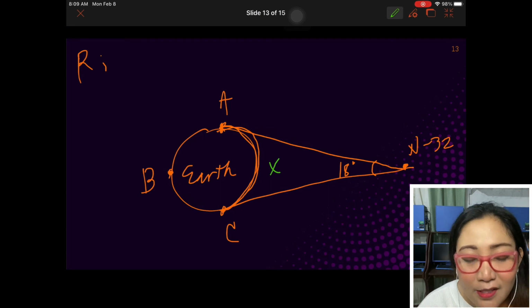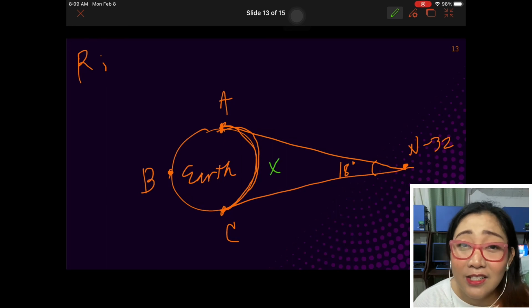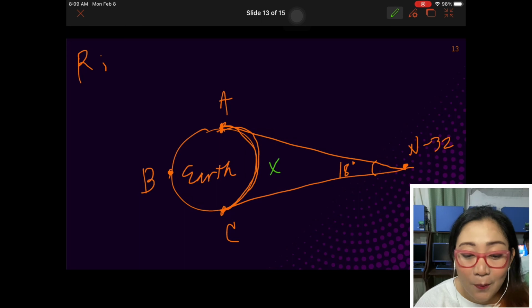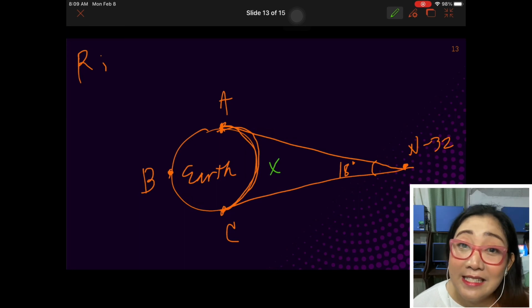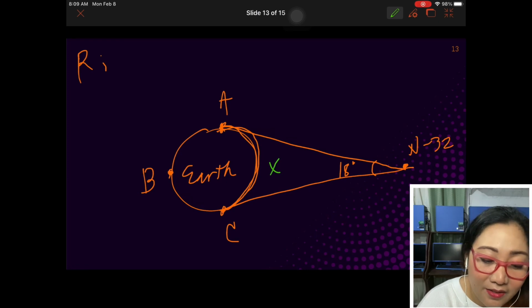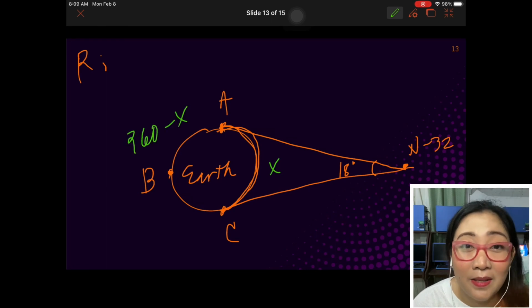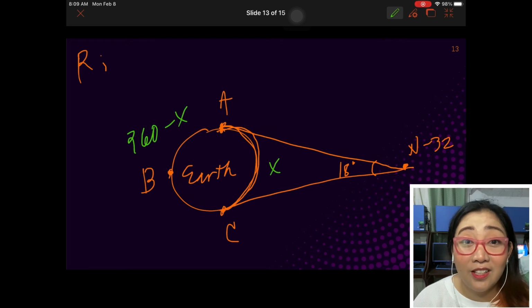So, ano yung napapansin niyo dyan sa dalawang arcs natin? Pag pinag-add natin sila ay just 360. Tama? The whole circle. So, if arc AC is X, then arc ABC is 360 minus X. Kasi ang sum nila dapat ay 360. Correct?